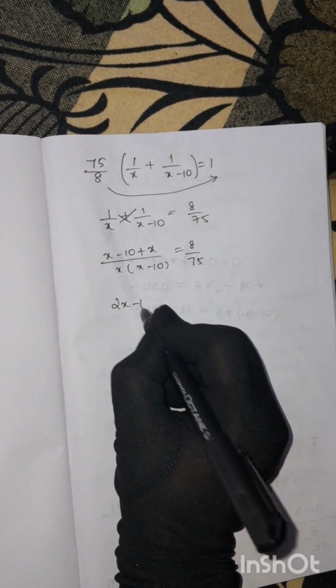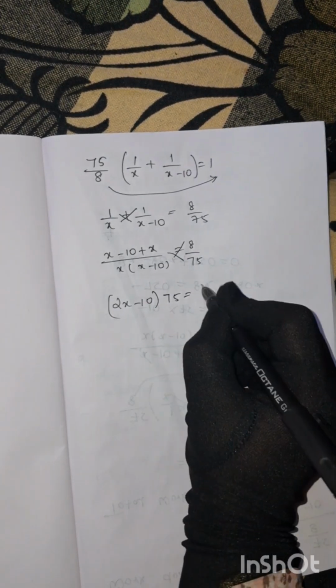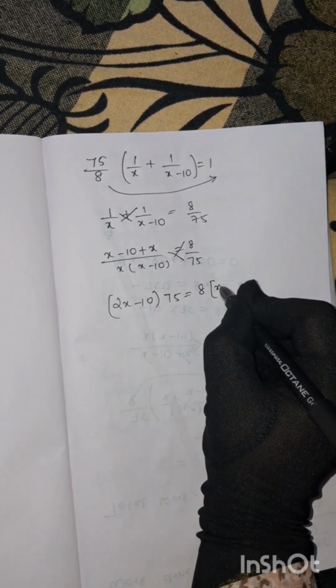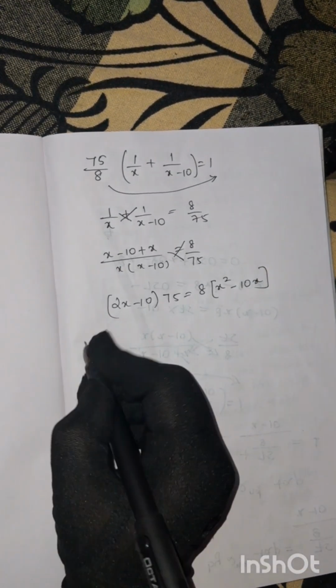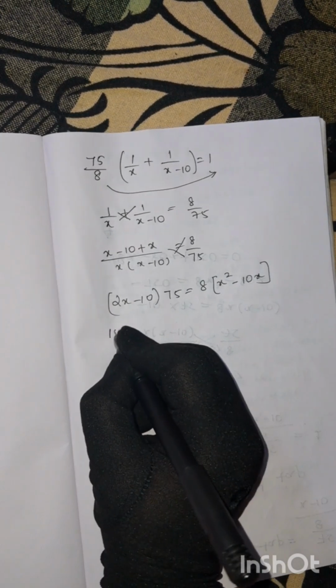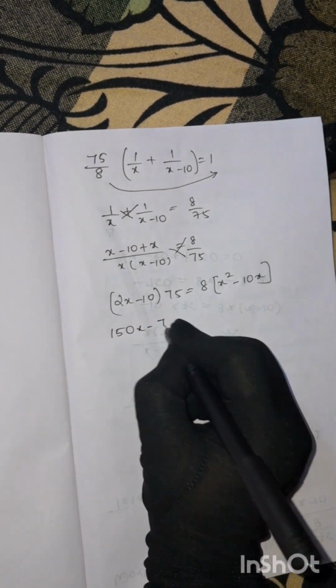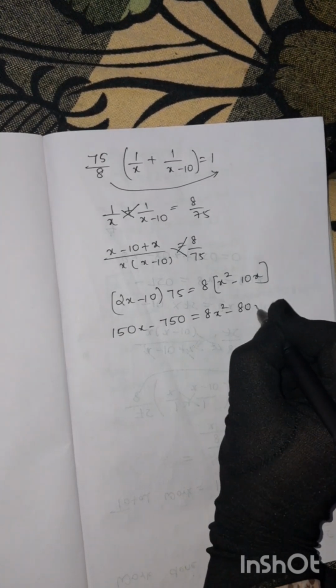So 2x minus 10, cross multiplying by 75, is equal to 8 into x square minus 10x, right? 75 twos are 150. So 150x minus 750 is equal to 8x square minus 80x.